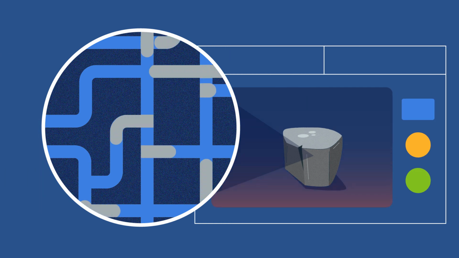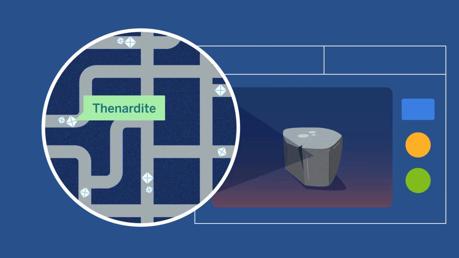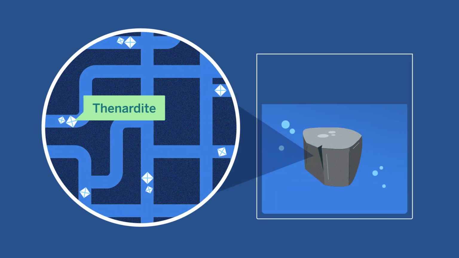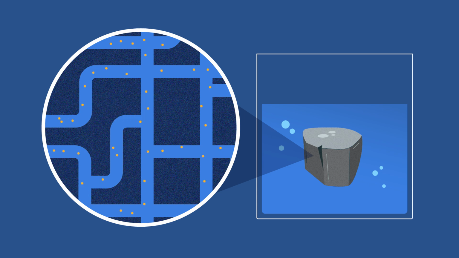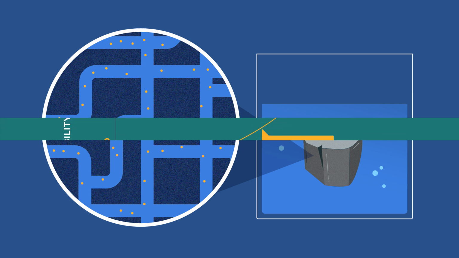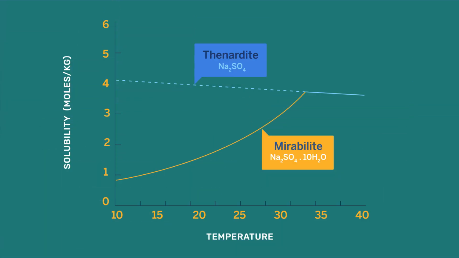During drying, thenardite forms because the drying conditions are above 32 degrees Celsius. Upon subsequent wetting, thenardite is present in the pores and dissolves. In doing so, it attempts to reach its solubility. Below 32 degrees Celsius, that solubility is higher than that of mirabilite shown in this part of the curve.